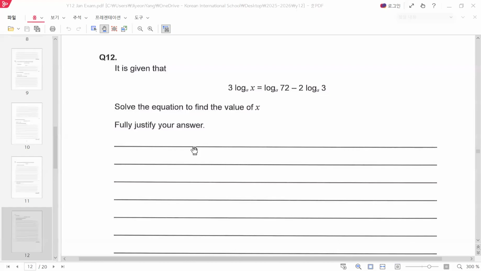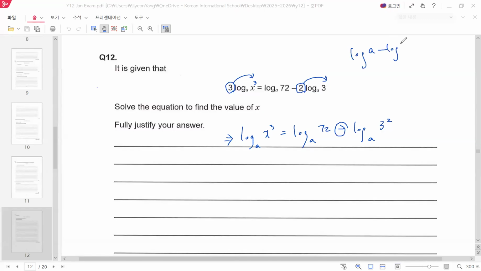The next one. So I always told you that if logarithm is separated, then you should combine them. So to combine it, move this one to the upper part, and then move this one here. Log A 72 minus log A 3 square. So log A minus log B equals log A over B, right?